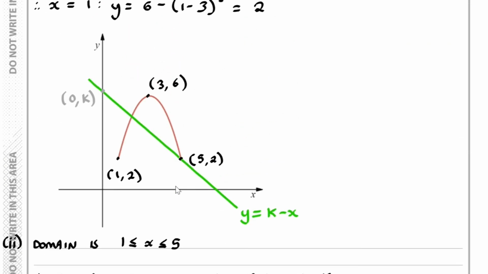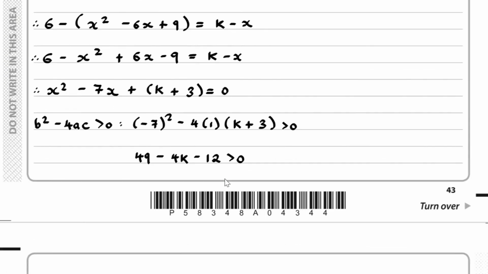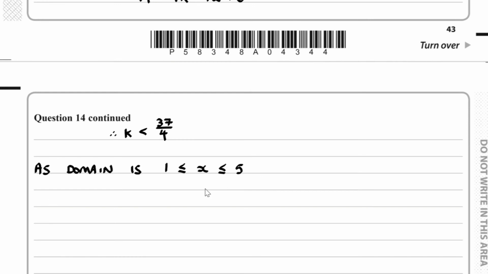Now we know that the domain is 1 to 5, and what we can do is find the value of k for which it passes through this point. So let's write that down. As the domain is 1 to 5, the curve y equals k minus x, that would pass through 1, 5.